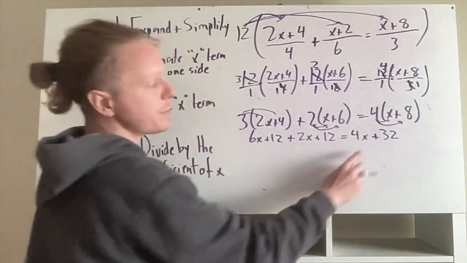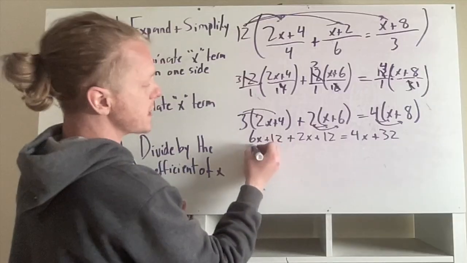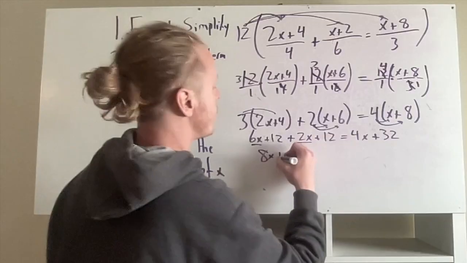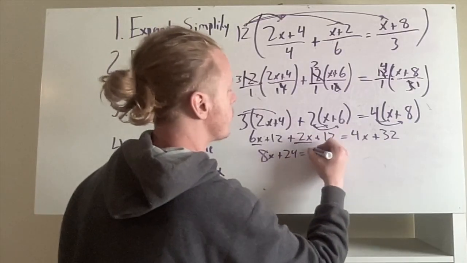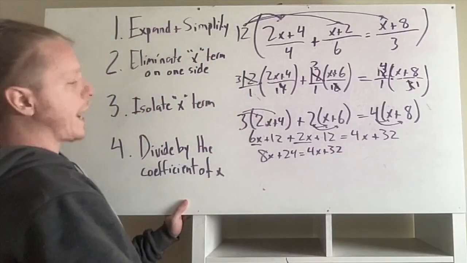Simplify. Do we have any like terms? Not over here, but here we do, right? 6x plus 2x, that gives me 8x, and 12 plus 12 is 24, equals 4x plus 32. Okay?